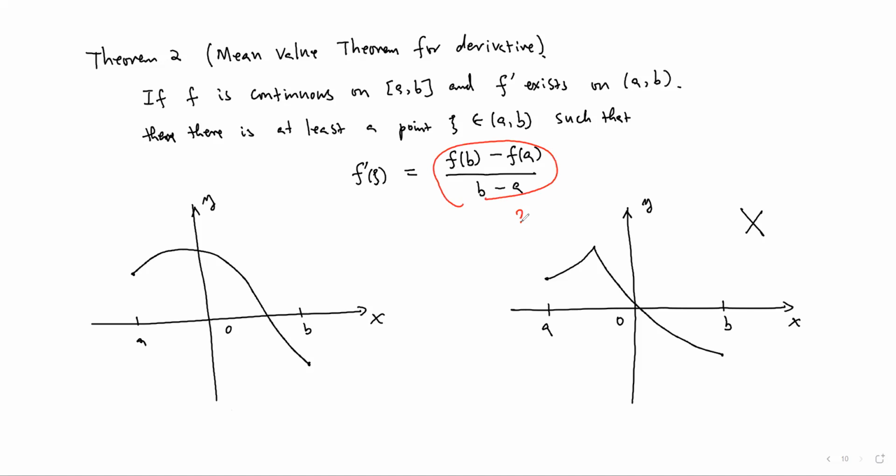If I join the two endpoints of this curve with a line, then the slope of this line is this number.